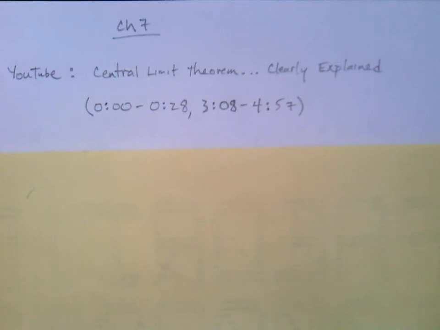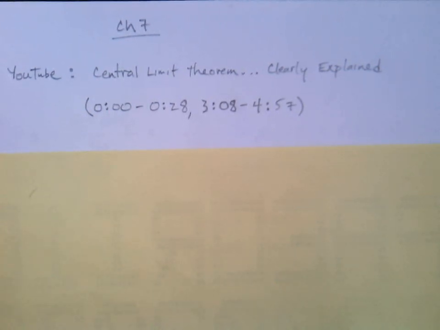We might start with an exponential distribution. We might start with a uniform distribution. We might start with something that doesn't have a name. It's just this random curve that doesn't have a nice shape at all. It doesn't matter.